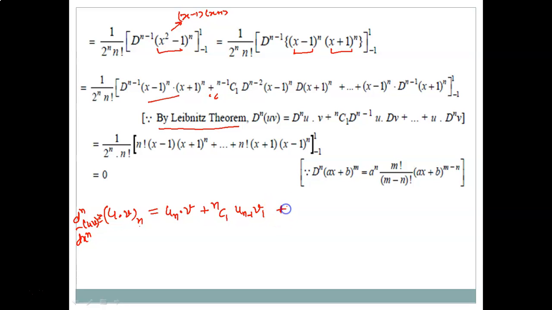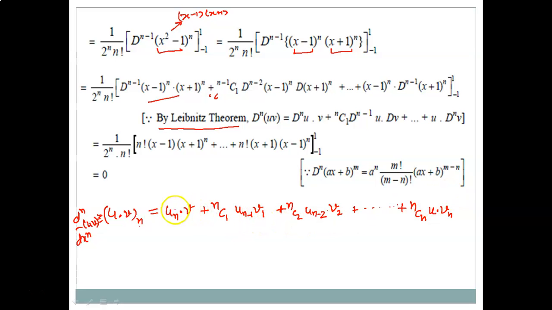Then you come to nC2 times the n minus 2th derivative of the first function and the second derivative of the second function. Like that, we move further, and ultimately we have nCn times the first function as it is and the nth derivative of the second function.